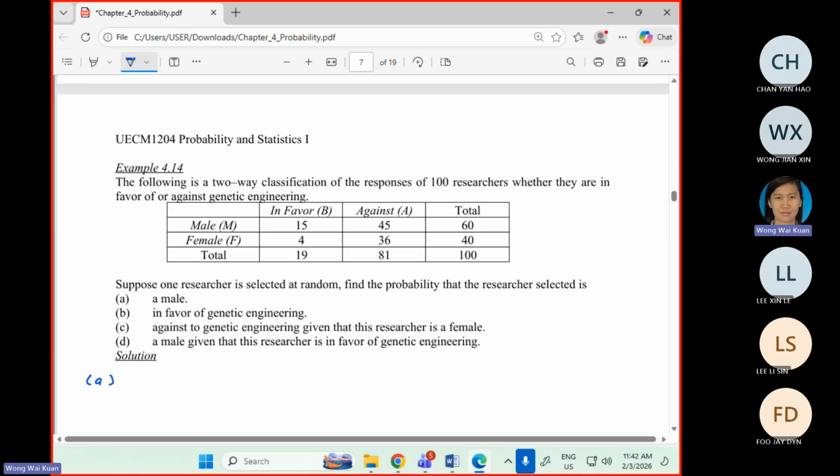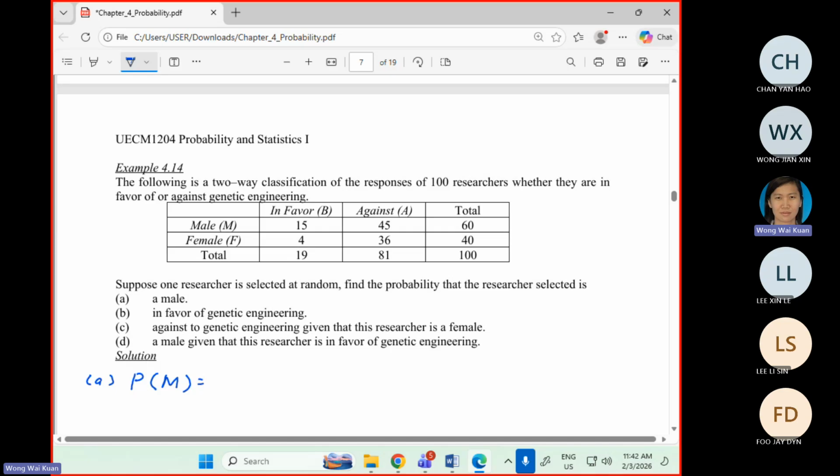One event only, right? Then this is the probability of male. Male, I put it as M. Alright? Now, when I'm talking about male, I'm asking on everybody here, then I'm looking for a male.